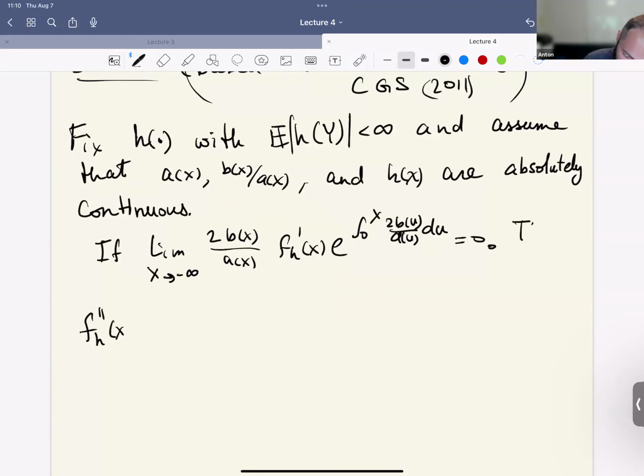Then, the whole thing is about an explicit expression.